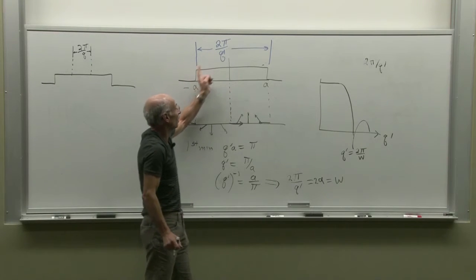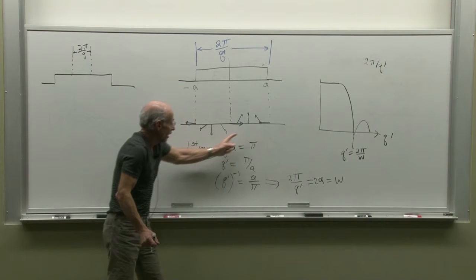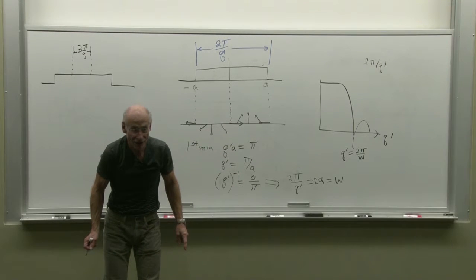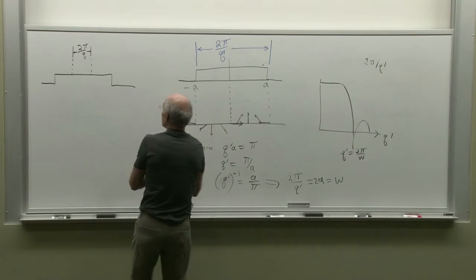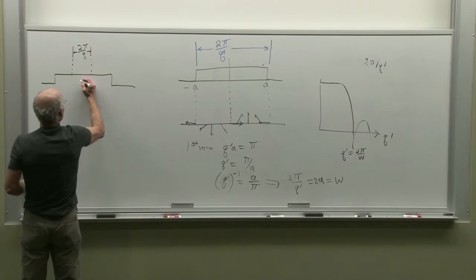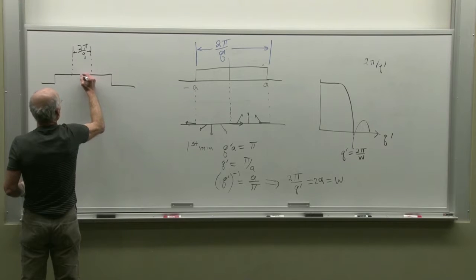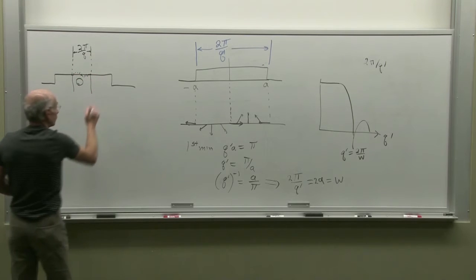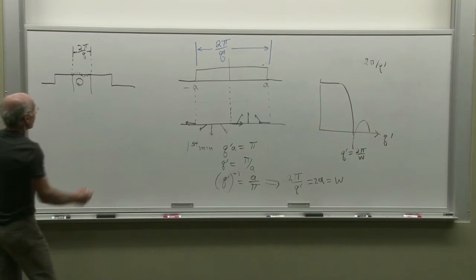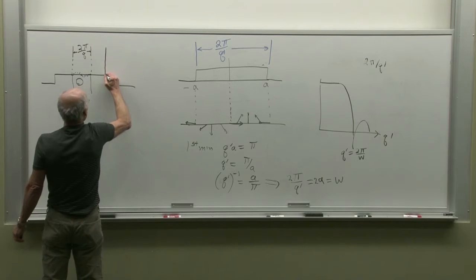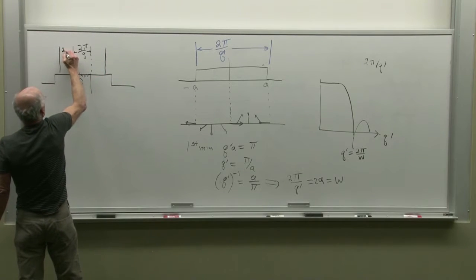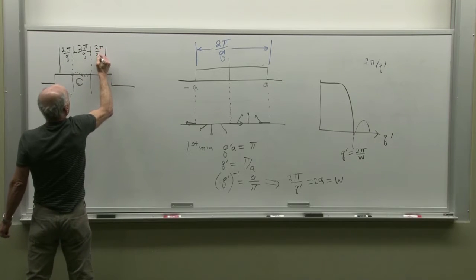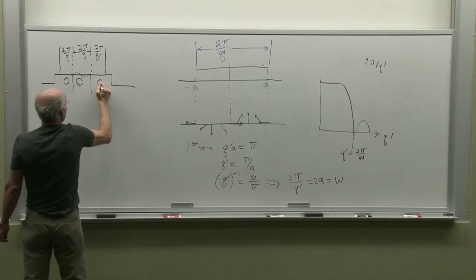Every little hunk of 2 pi over Q prime has a whole series of phasors that add up to what? You see it? Right? So right in here, we got a whole spin around, all the phasors adding up to 0. Matter of fact, if we go over another one, and another one, let's suppose these are all 2 pi over Q primes, we got phasors adding up to 0.